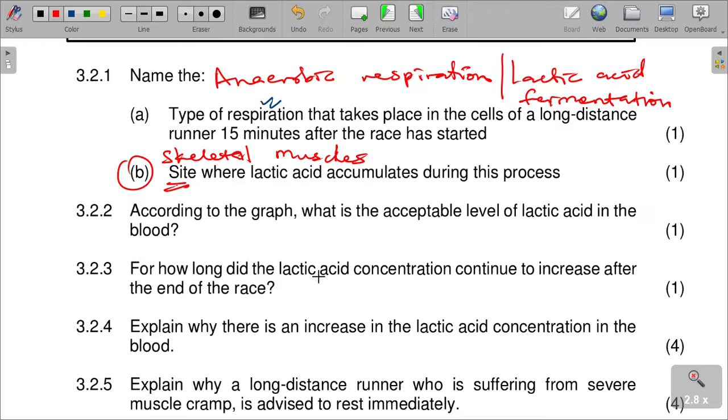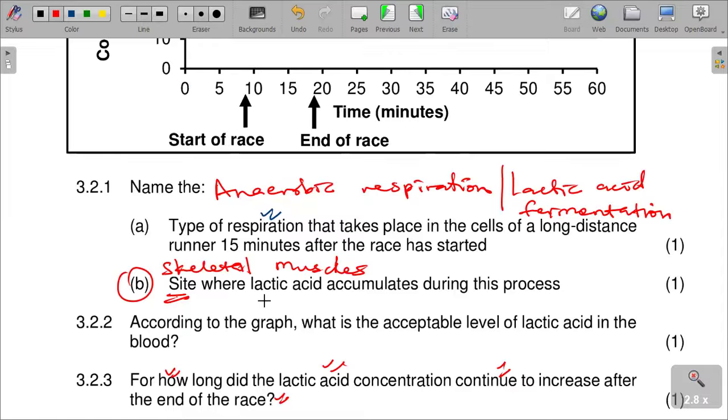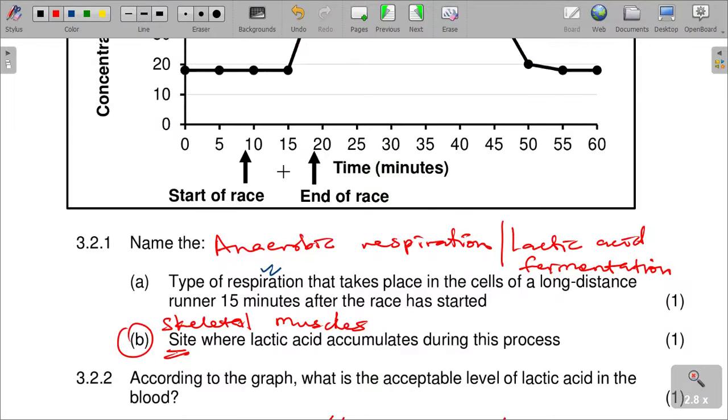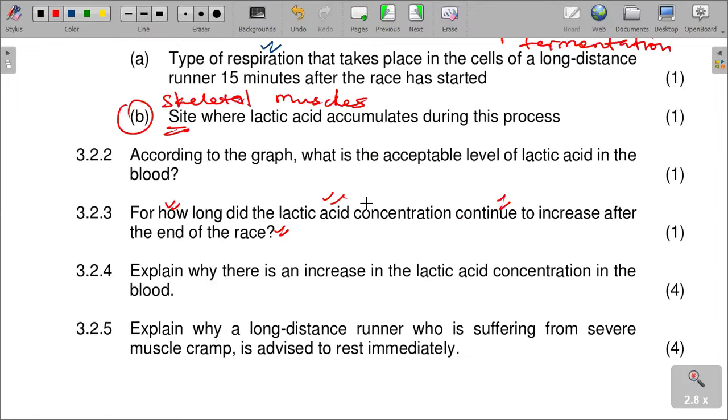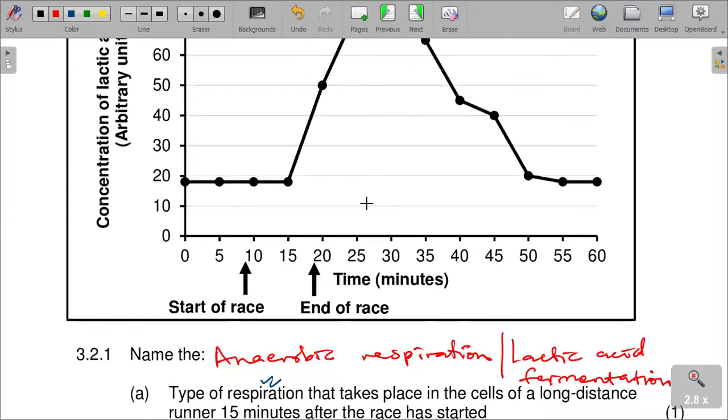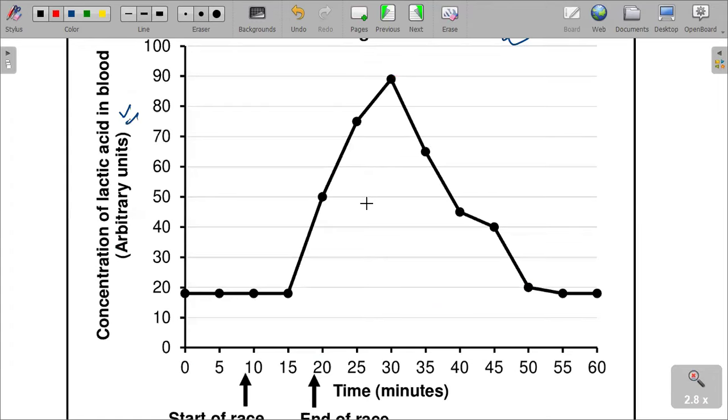And then, for how long did the lactic acid concentration continue to increase after the end of the race? The race ended at 20.